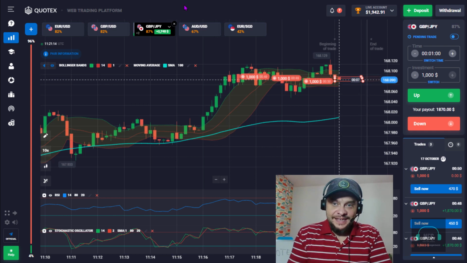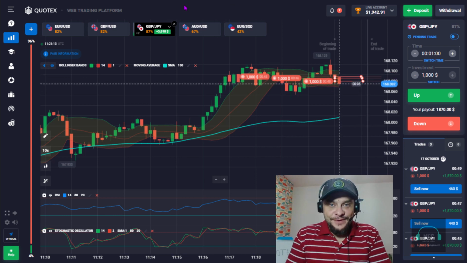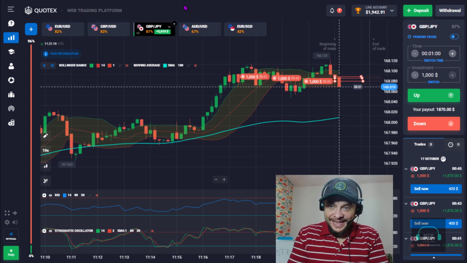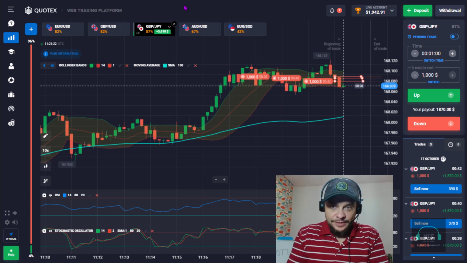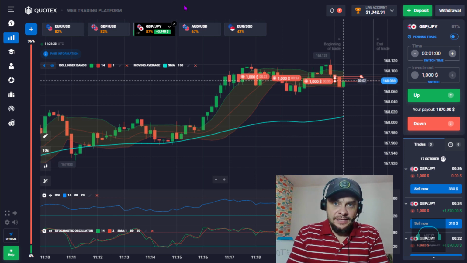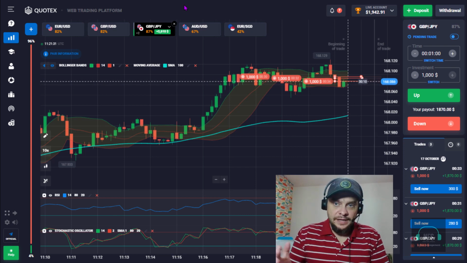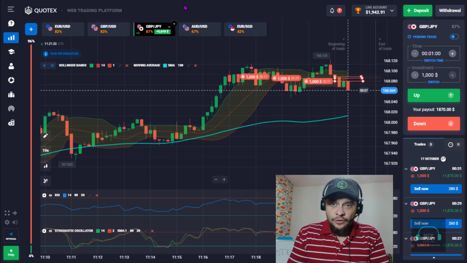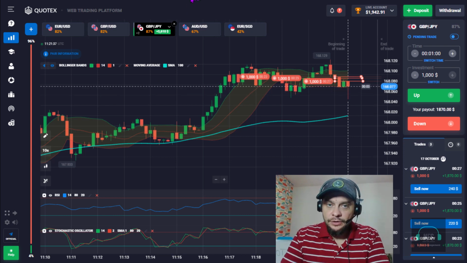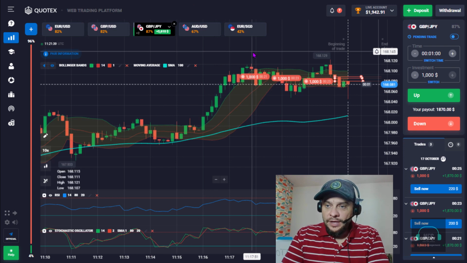Let's see if we are on the good way with this trade, and the price is going down. Of course it should go down because we are in an overbought level here, and the price should go down from one moment to another, and hopefully we catch this good trend which is going down right now.